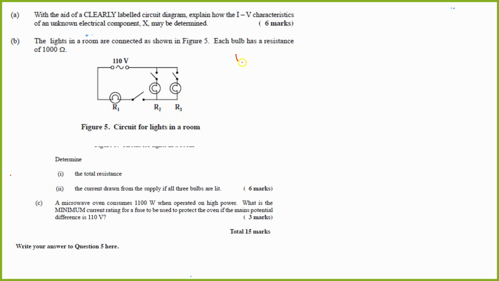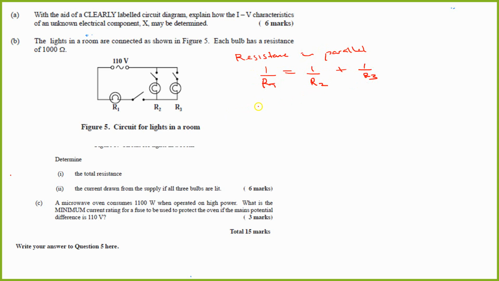There are basically two equations mainly, and this is when we're talking about resistance in parallel. So we could say 1 upon RT is equal to 1 upon R2 plus 1 upon R3.